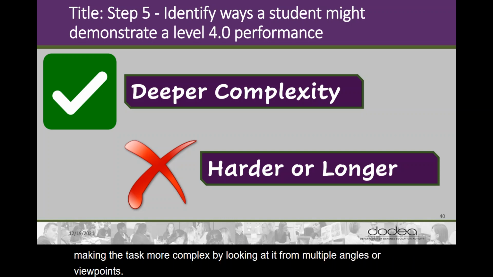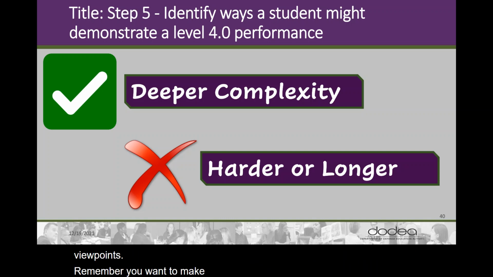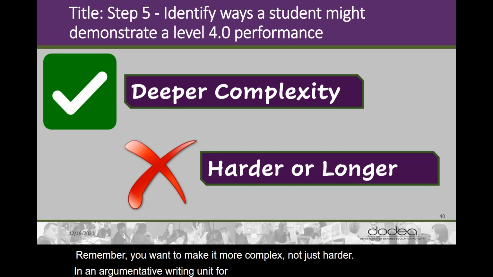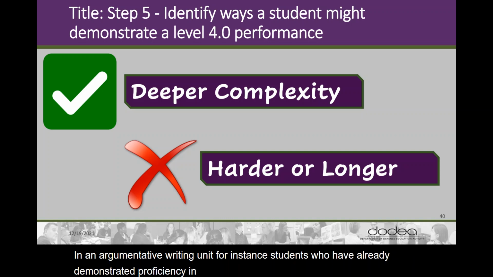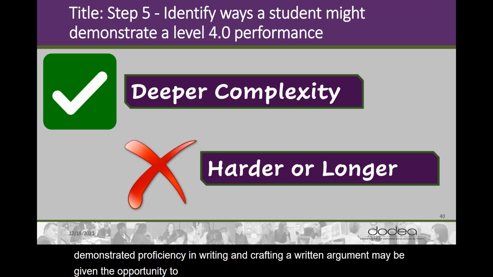Now remember, you want to make it more complex, not just harder. In an argumentative writing unit, for instance, students who have already demonstrated proficiency in writing and crafting a written argument may be given the opportunity to argue the same point from multiple viewpoints.